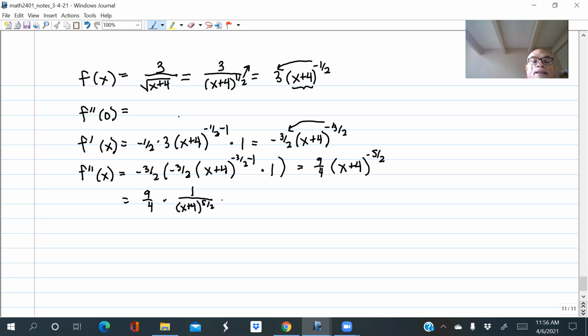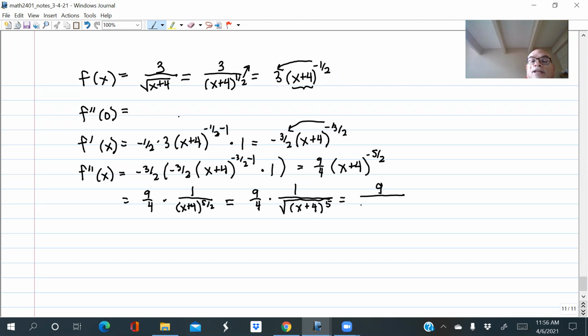And now let's rewrite that as a radical. So what is x plus 4 to the 5/2 power? Well, that's the square root, because the denominator of this fraction is 2. So you have the square root, and the 5 stays as an exponent. So you have the square root of x plus 4 to the 5th power. We could simplify that a little bit more, but it's really not necessary.